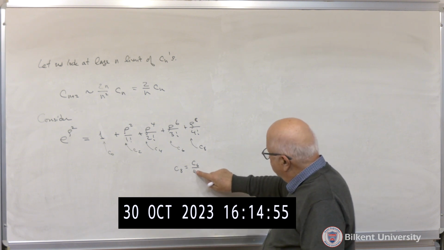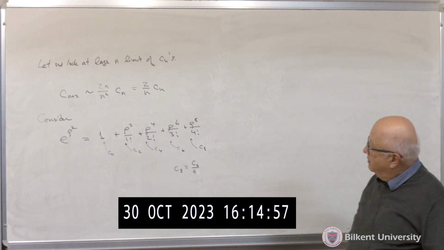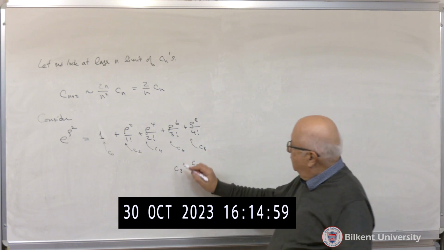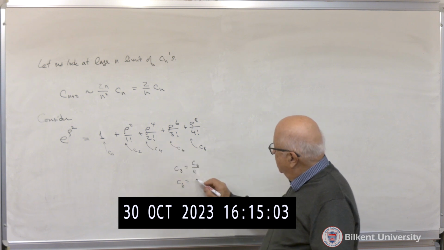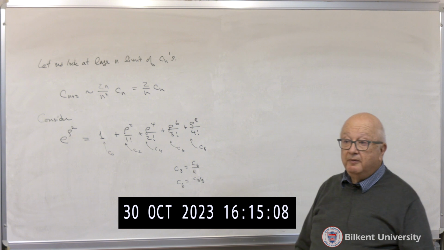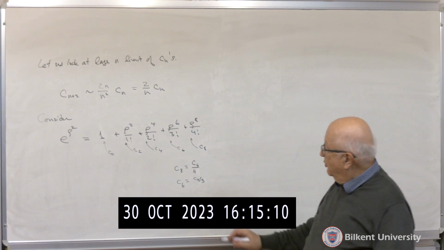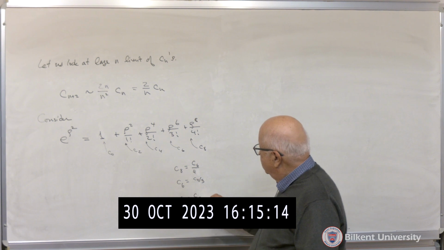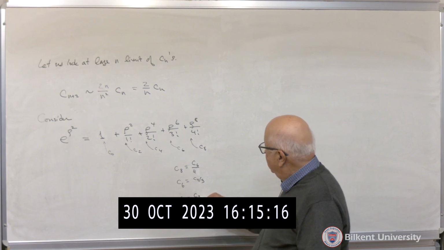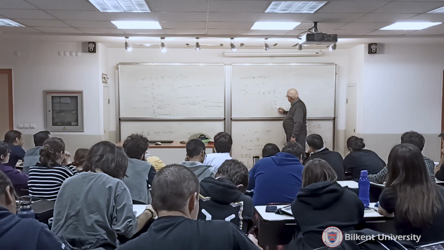I'm sorry, just 1 over 4, right? So if I look at, for example, what C6 is, it's going to be the previous one, C4 divided by 3, right? So what is the general rule? C4 is equal to C2 over 2.